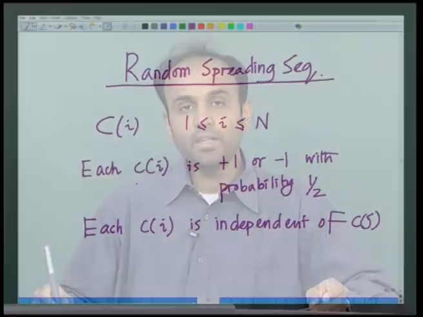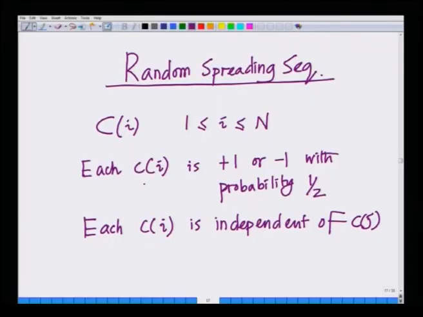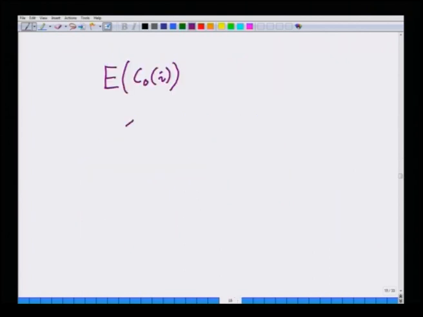You can see that each Ci is +1 with probability half, -1 with probability half, hence the expected value is nothing but half into 1 plus half into -1, which is 0. Alright, so it takes +1 and -1 with equal probability. So on an average its value is 0.